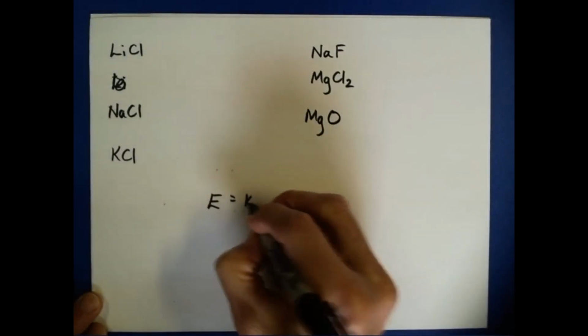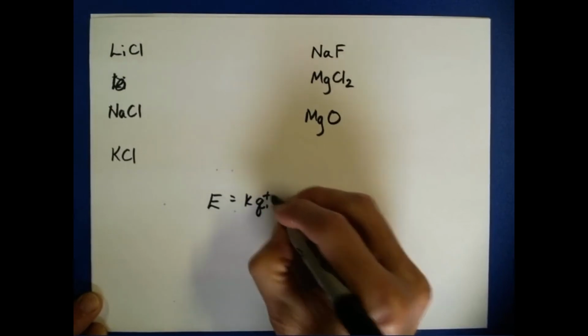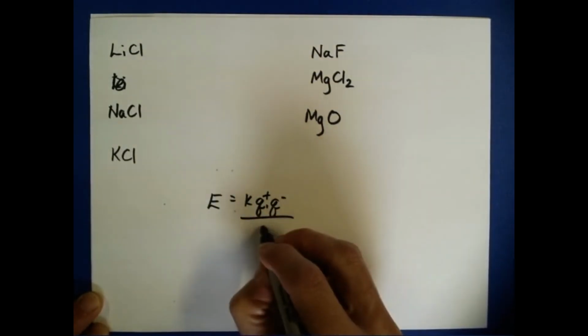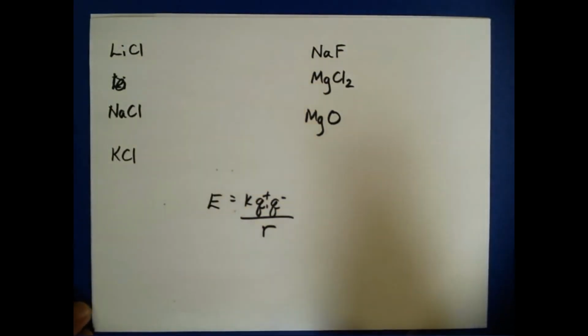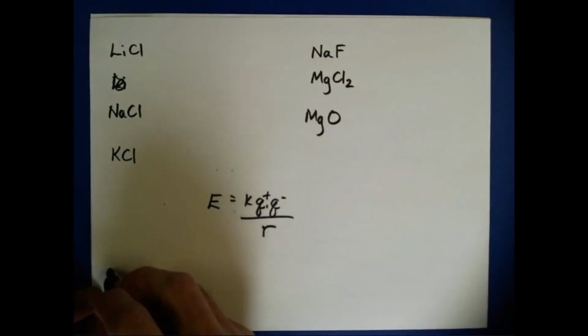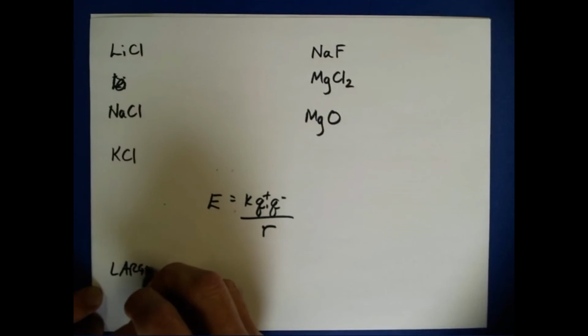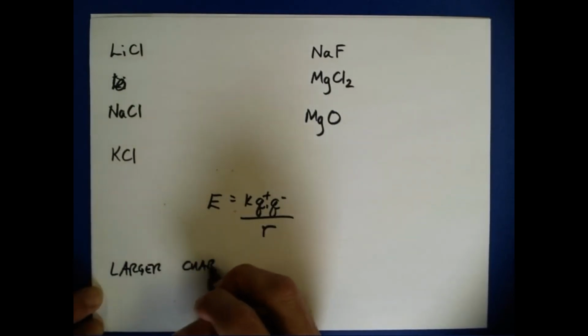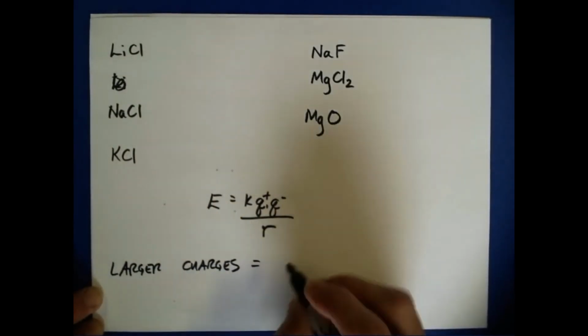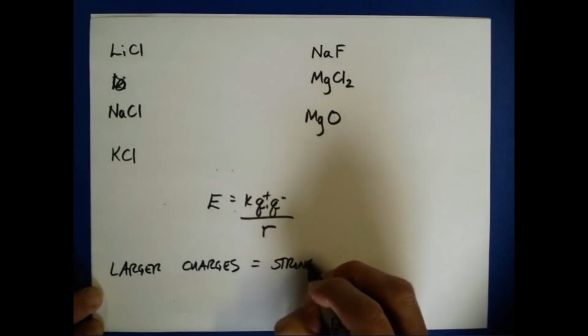E is K times Q positive times Q negative over the distance between them, R. For what we saw before, we're going to try to remember that larger charges, that means stronger ionic bonds, right?